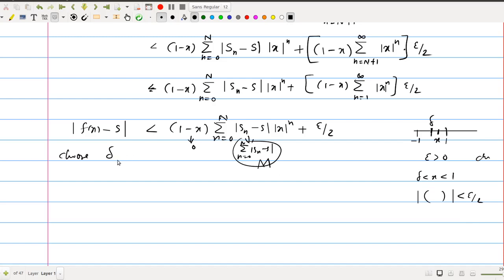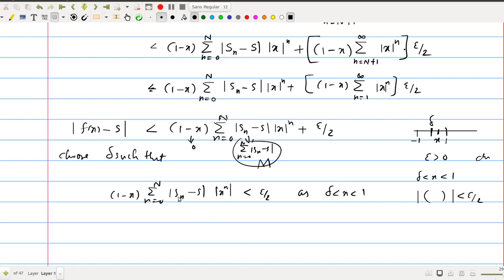So choose delta such that this quantity, that is 1 minus x times the summation from n equal to 0 to N of |Sn minus s| times |x| raised to n, is less than epsilon by 2 whenever we have delta less than x less than 1.